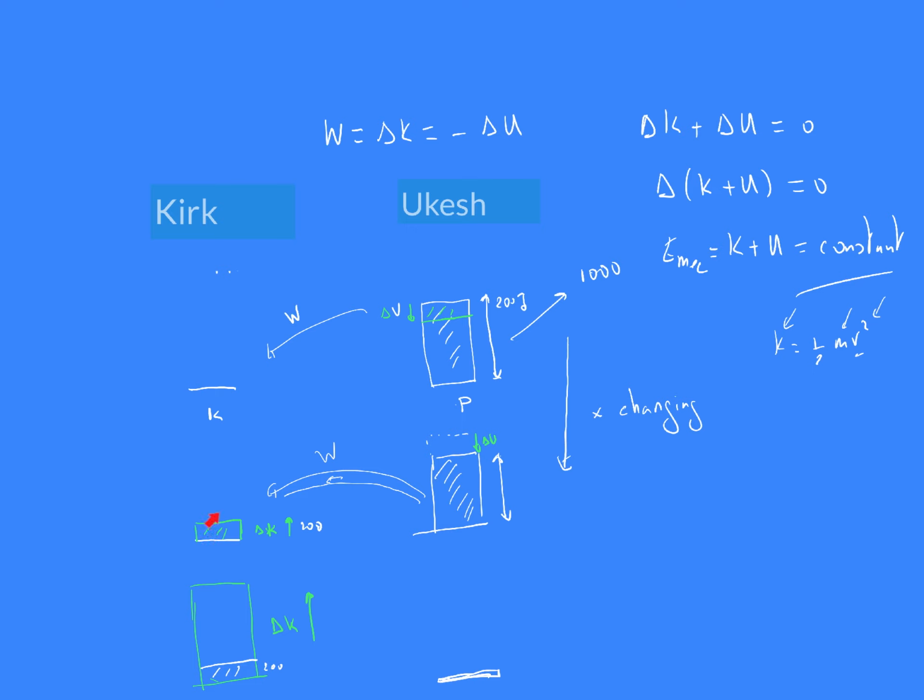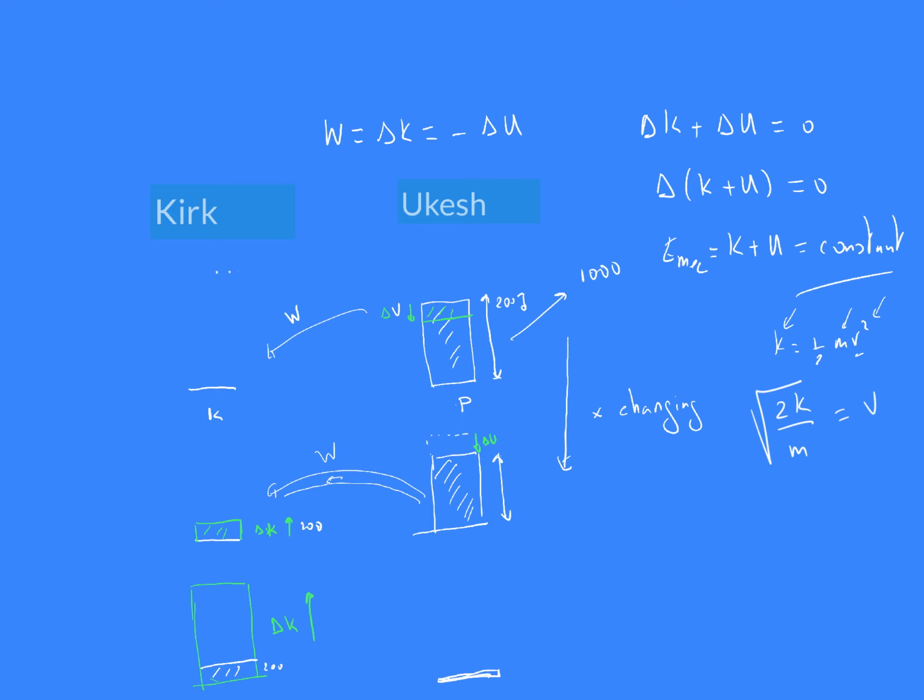Now the body is moving with a certain amount of velocity. What velocity is it? You put 200 here, 1/2, you put the mass, and you can solve for V squared to know how many meters per second correspond to 200 joules.